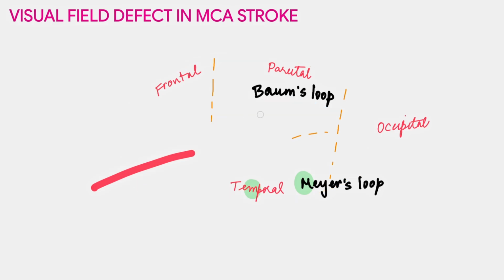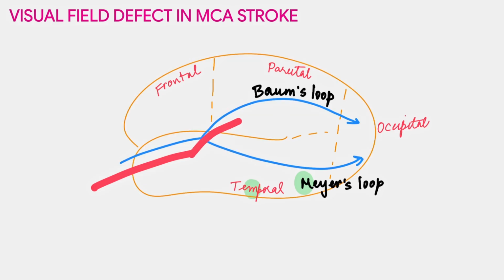The superior optic radiation will be supplied by the superior division of MCA, and the Meyer's loop would be supplied by the inferior division of MCA. Superior MCA, inferior MCA, MCA.